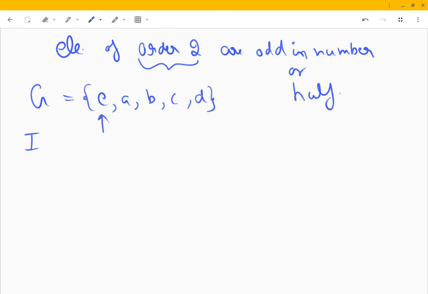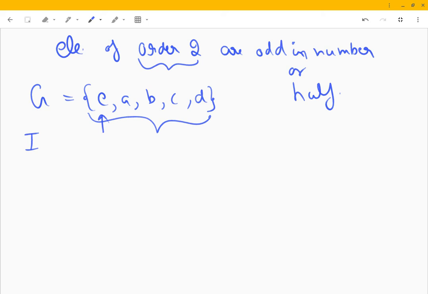Like earlier we discussed the set of integers, which was a group under the operation addition. It was an infinite group. Now what we have is a finite group, and it has to satisfy closure.